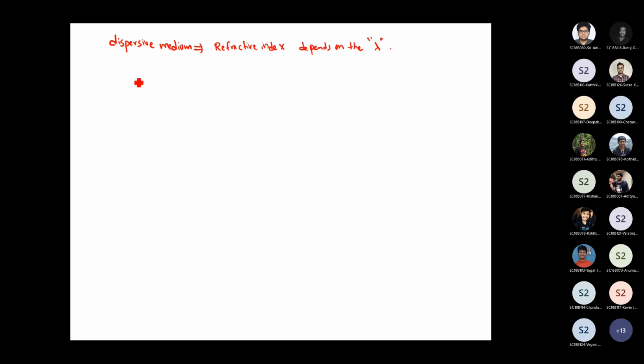Let's consider a case where the laser is truly monochromatic. If the laser is truly monochromatic, and I plot the output power P as a function of lambda, it's going to be a delta function.